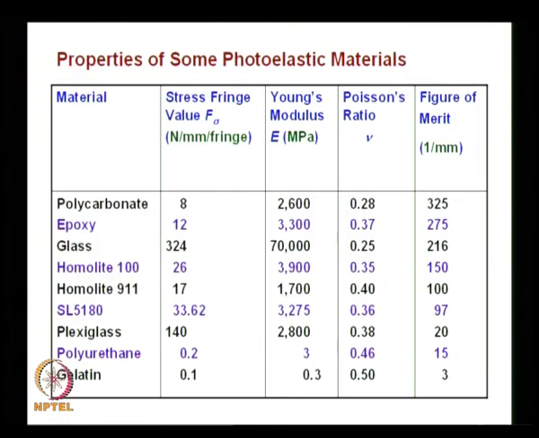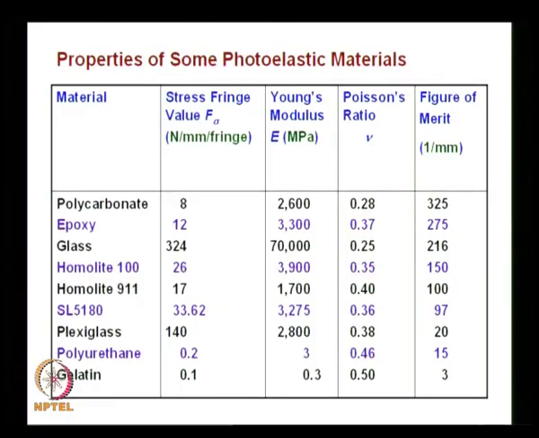We have looked at model to prototype relations, we have also looked at the similitude equations. Now, let us look at what are the kind of photoelastic materials that you have, and I have quite a variety of them. We will also see them physically and also see their properties. What I have here is an epoxy disc.